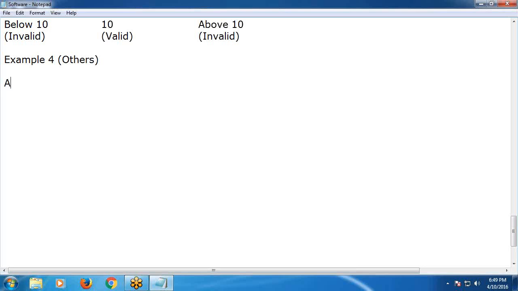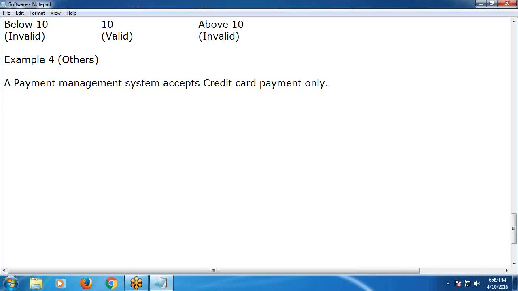Example, a payment management system accepts credit card payment only. Abdul Rahman, here there is no data size, no data type, no data range.